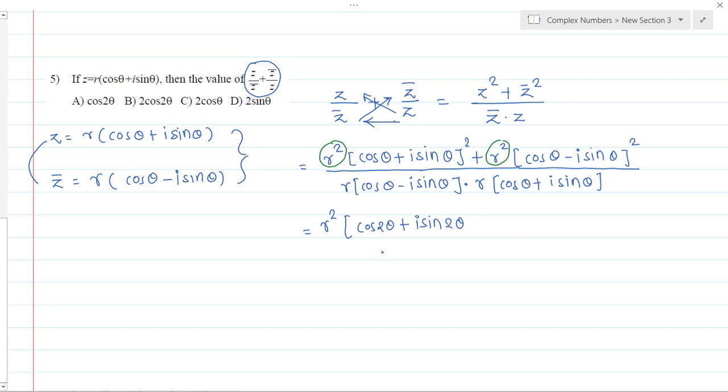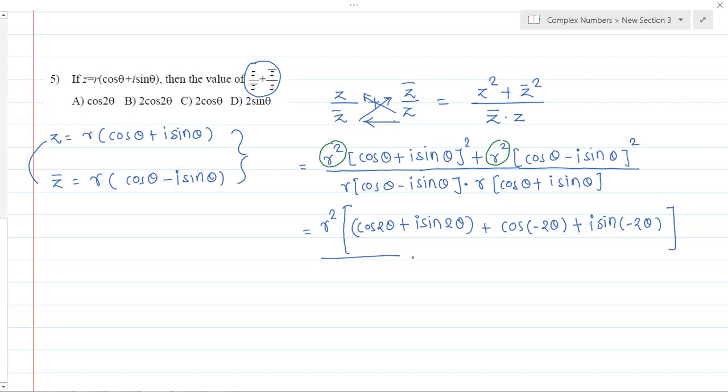Is it okay? If I take r square common, I will have a larger bracket here. So this is my first term, plus r square I have taken common, so this becomes 1. Cos theta can be written as cos of minus theta, because of this negative sign I have to take the minus sign. So cos of minus 2 theta plus i sin of minus 2 theta. Is this step okay, everyone?